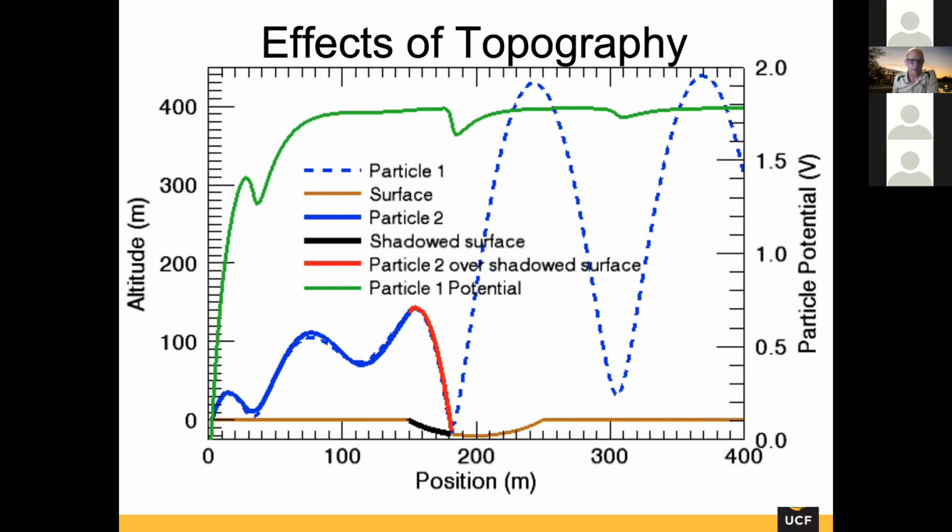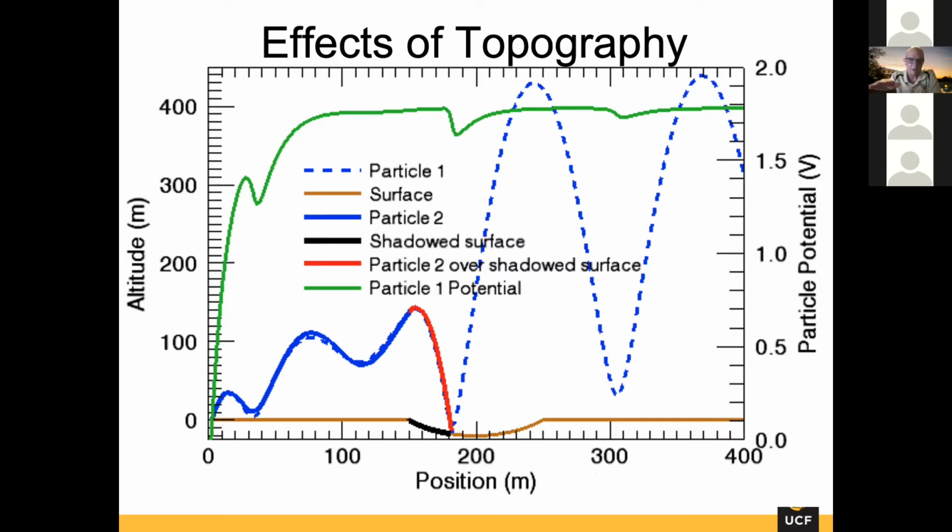For the case of the so-called dust ponds in the craters on the asteroid Eros, in the simulation we did, we said, well, if you're moving along over a crater, the crater is shadowed, and so it has a different surface potential.